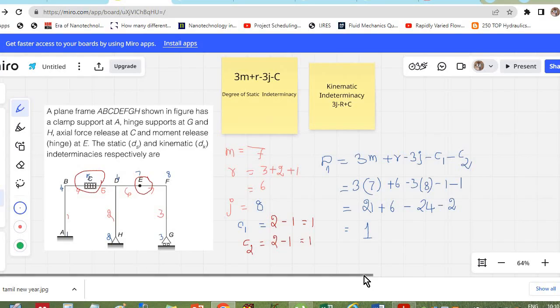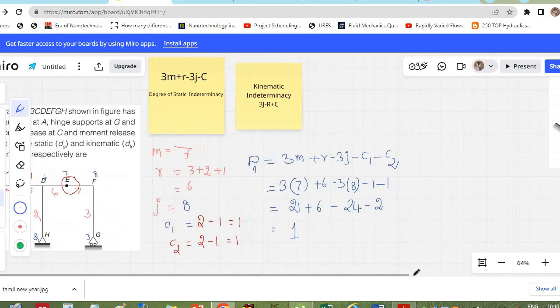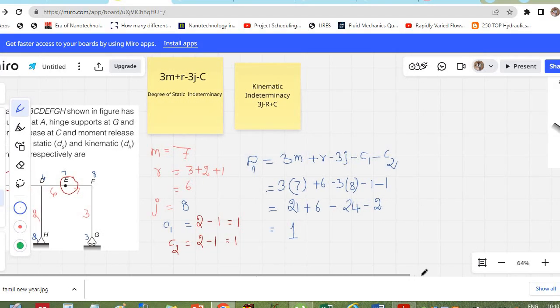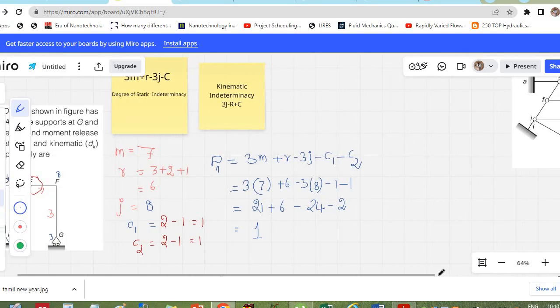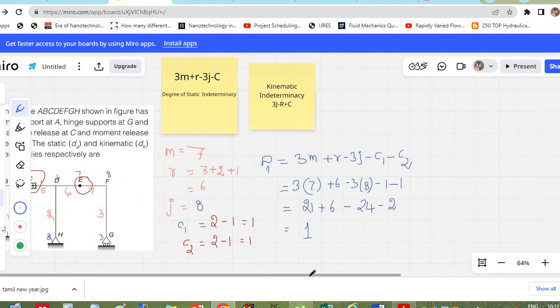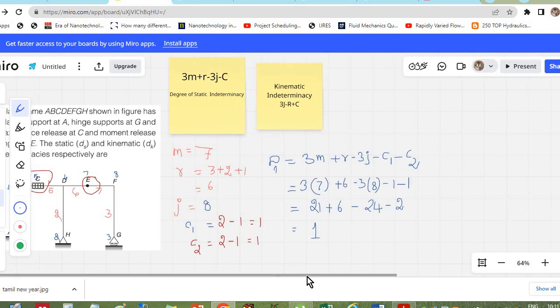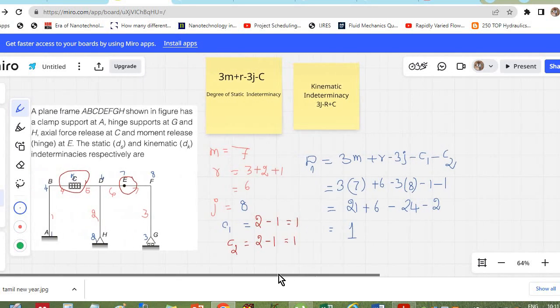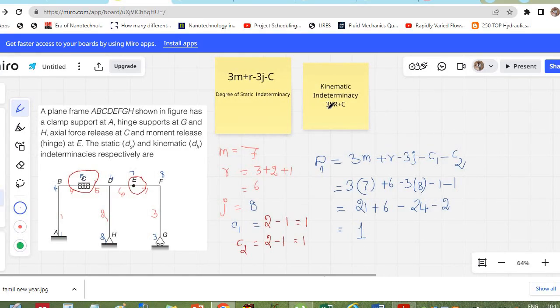Now we will calculate the kinematic indeterminacy. How to calculate the kinematic indeterminacy? Here the formula is 3j minus r plus c.